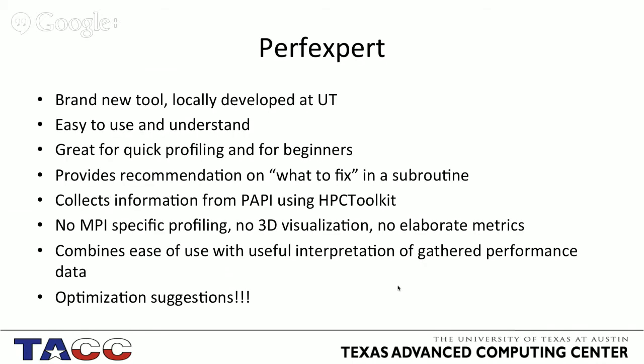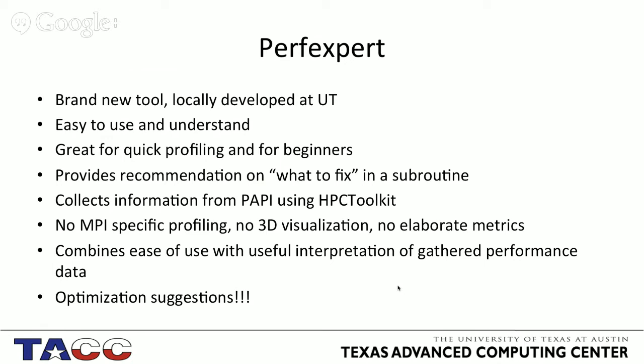Now let me move on to PerfExpert. PerfExpert is a tool that, well, it says brand new here, but it's actually been in development for more than 2 years. So by now it's a reasonably stable tool. It's fairly easy to use and understand, and what it will do is it will look at very detailed execution information, but it will not give that information to you raw.